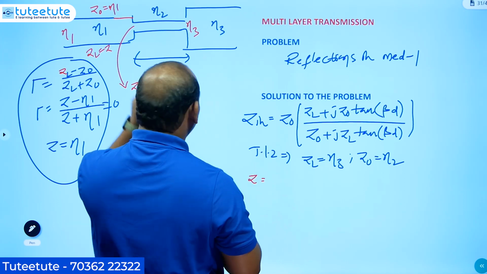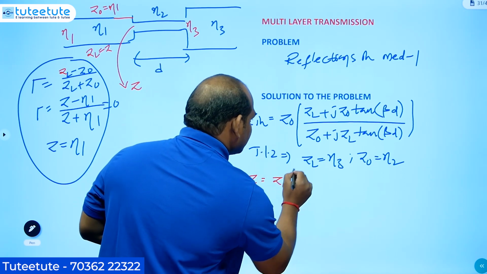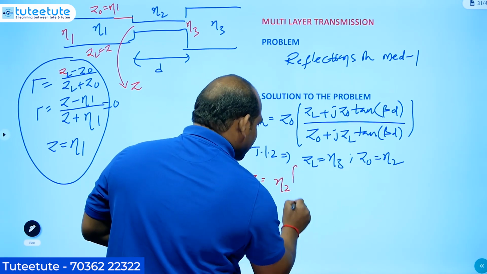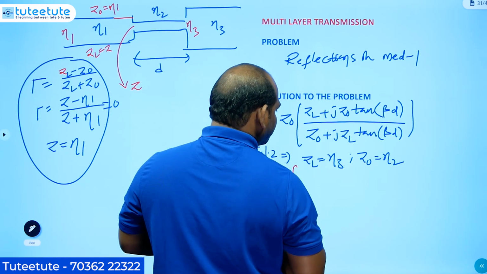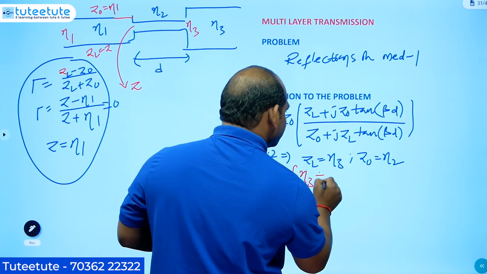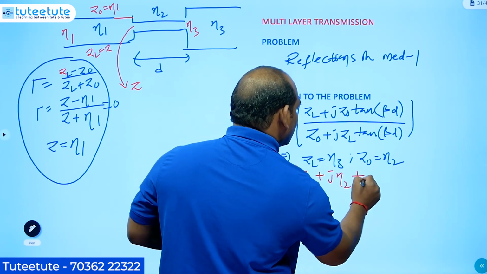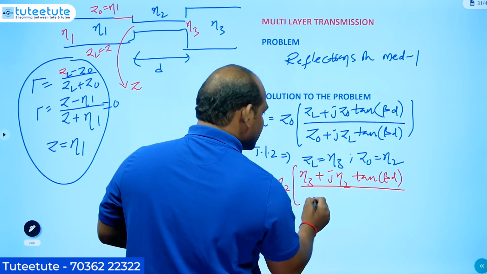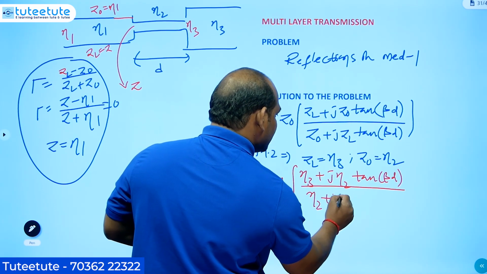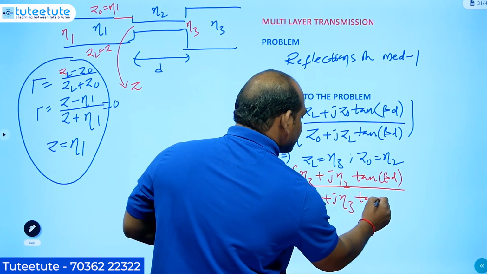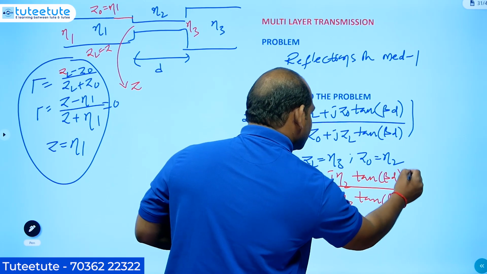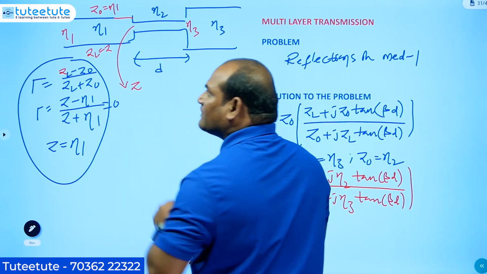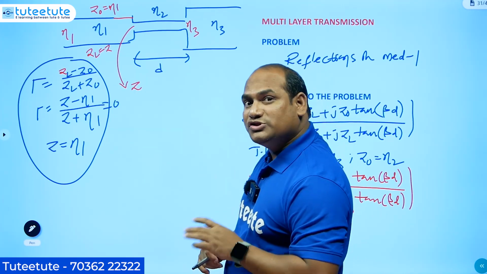So Z input is equal to Z, and it is equal to Z0, which is eta 2, multiplied with (ZL which is eta 3, plus j eta 2 tan beta d) by (Z0 which is eta 2, plus j eta 3 tan beta d). So this is what we can tell. It is Z, and this must be equated to eta 1 according to the reflection coefficient equal to 0 condition.